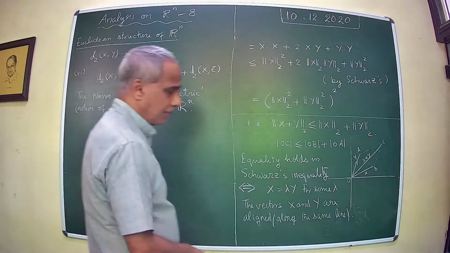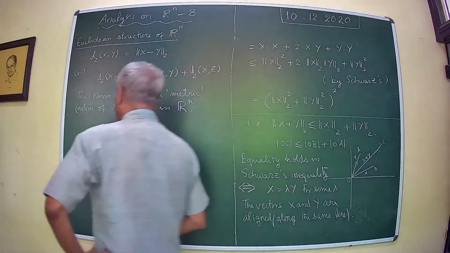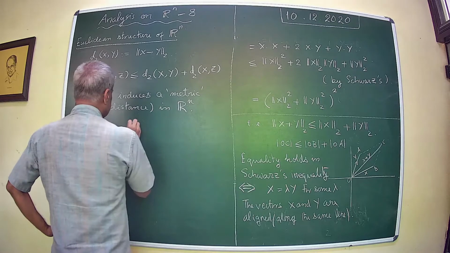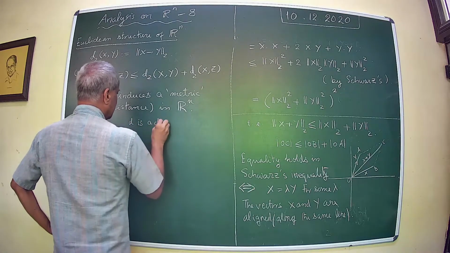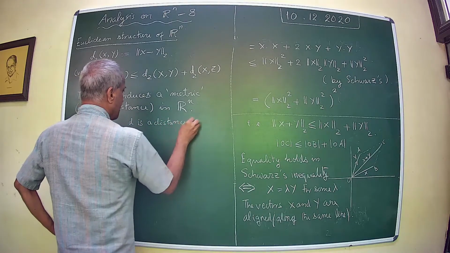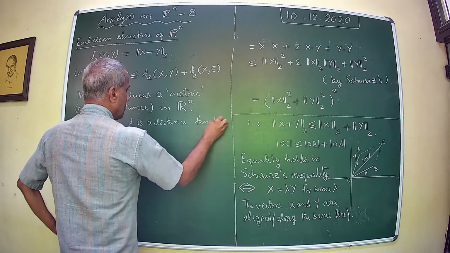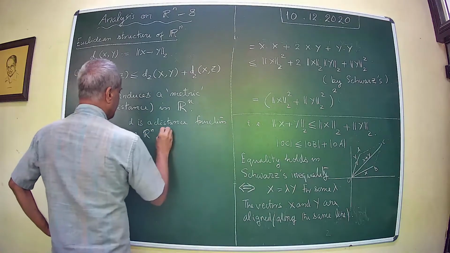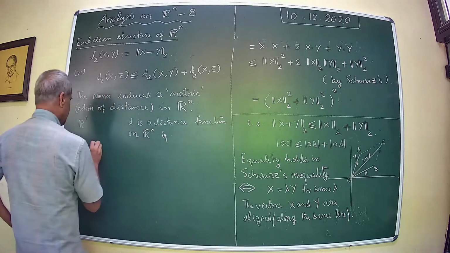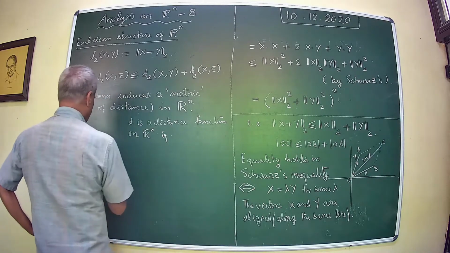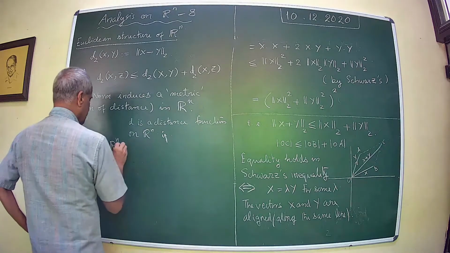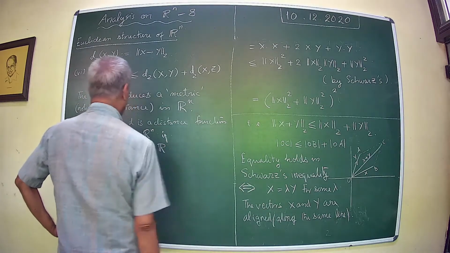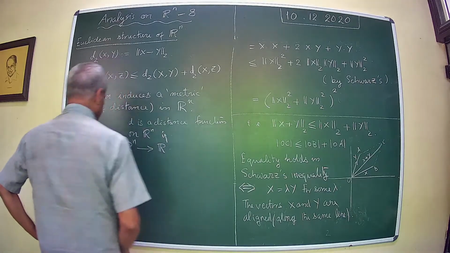What are the basic properties of the distance? Let us take Rn. We say that d is a distance if the following is true. d is a map from Rn cross Rn to the reals with the following properties.